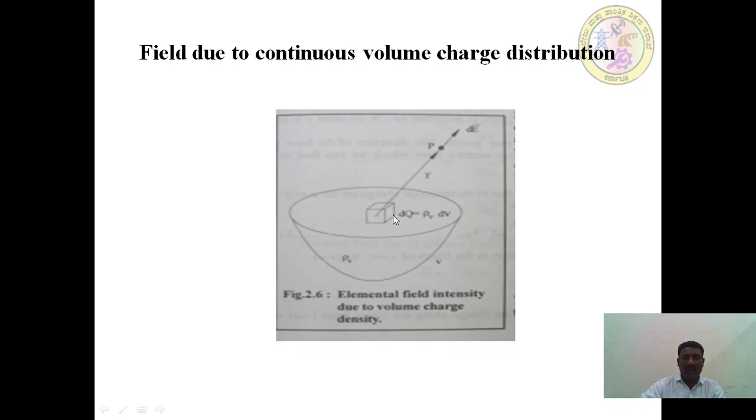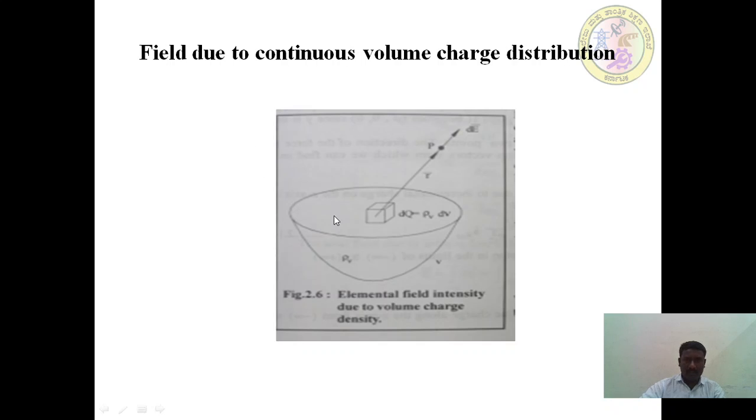This dq is nothing but a small fractional charge or differential charge. dq is generally referred to as a differential charge or a small charge. Because of this volume charge distribution, the representation of this dq is rho v into dv, where rho v is the volume charge density and dv is the corresponding differential volume.